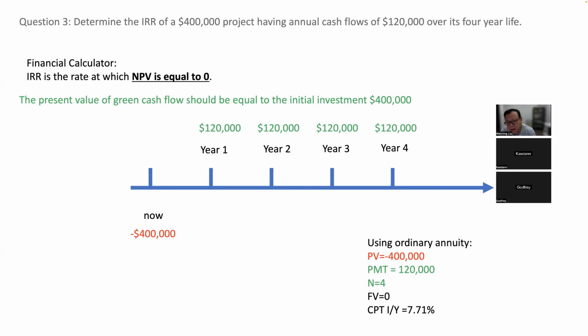So this question becomes: you know the present value, you know the payment, you know n, and you know the future value, and then you just calculate the interest rate of return. Does this make sense? Okay, good, awesome. You guys are awesome.